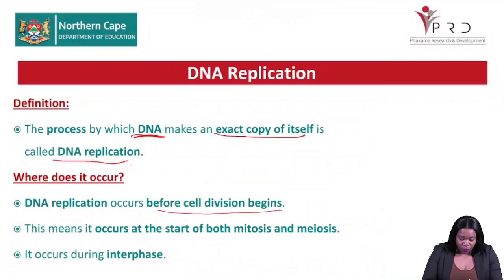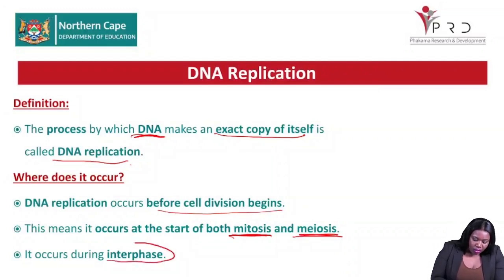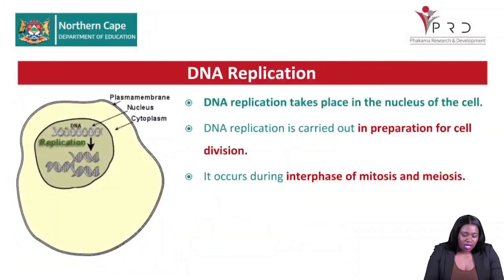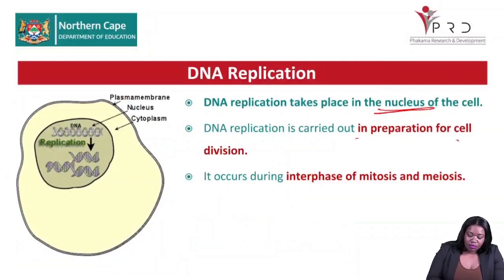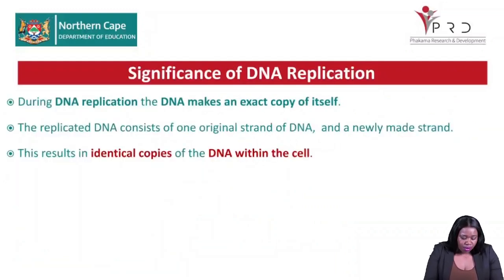It occurs in the nucleus, and also during interphase. We know that there's interphase before both mitosis and meiosis can take place. This process takes place in the nucleus of the cell, and it is carried out in preparation of cell division, which is meiosis and mitosis.